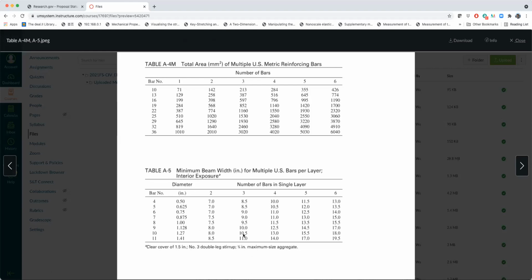So to use this table, you have to satisfy all these requirements. It has to be interior exposure condition. If it's not, you cannot use this table. It has to be a clear cover of 1.5 inch or a little bit smaller than this number. Higher than that, you cannot use it. Number 3 double leg stirrups, meaning the stirrup size has to be number 3.